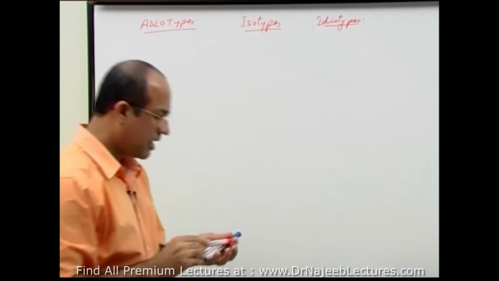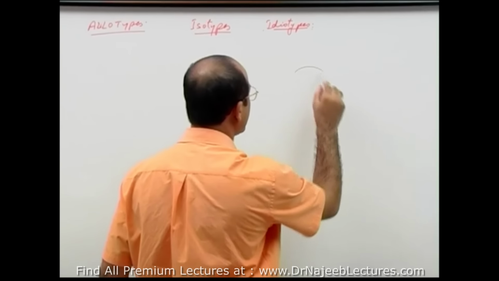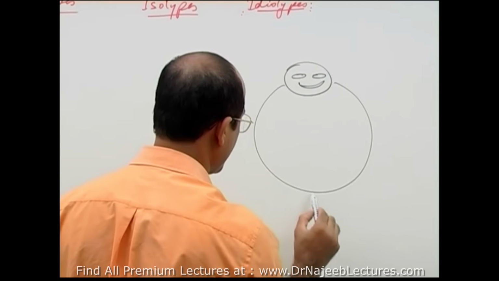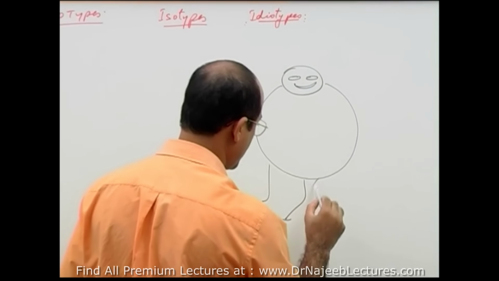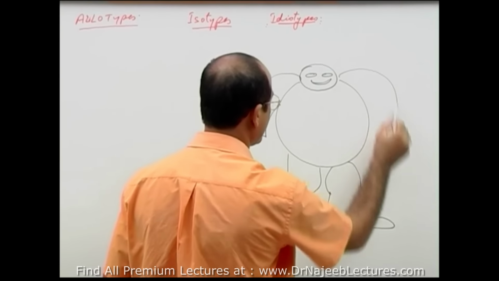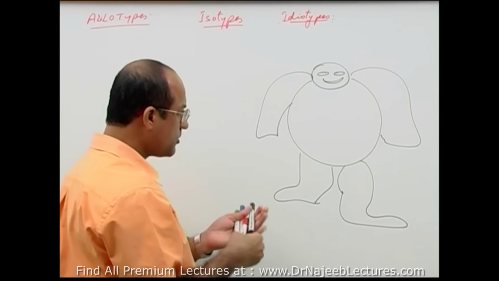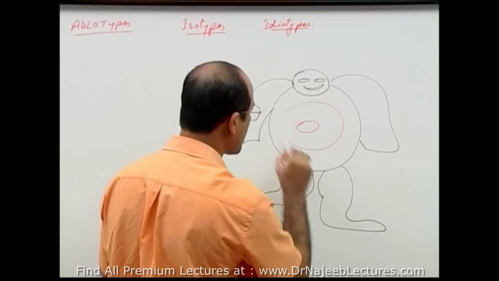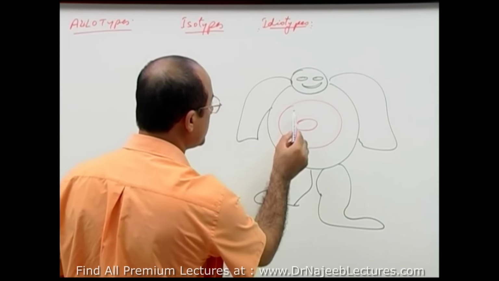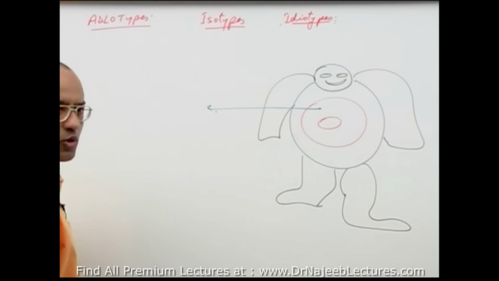Now listen, let's suppose here you are, and from your circulatory system we remove all the antibodies. We remove all the immunoglobulins.